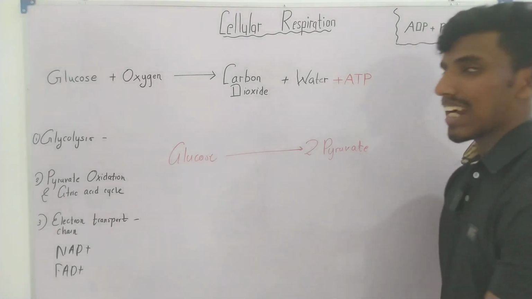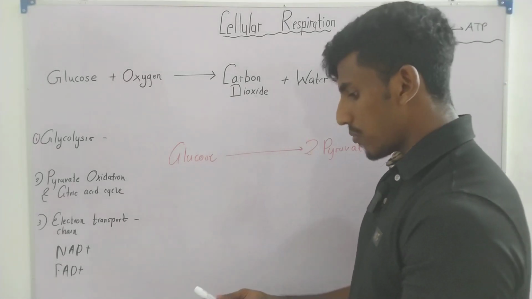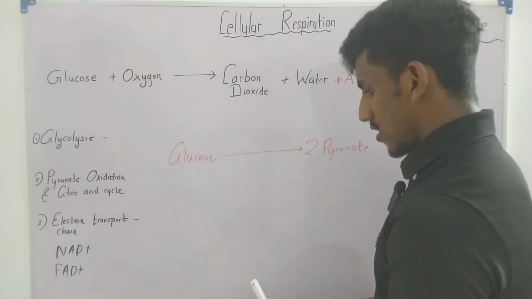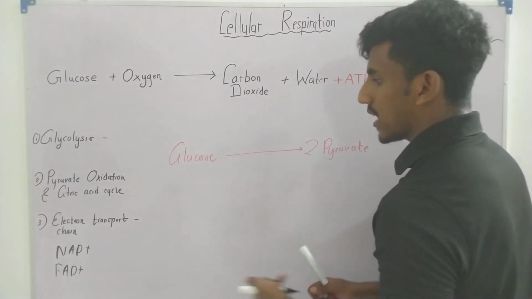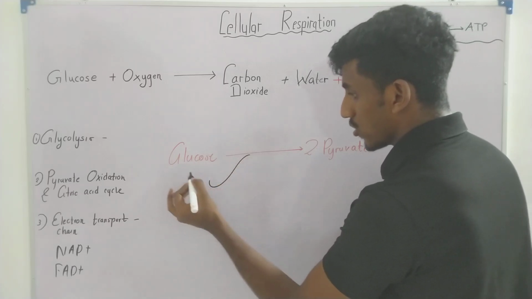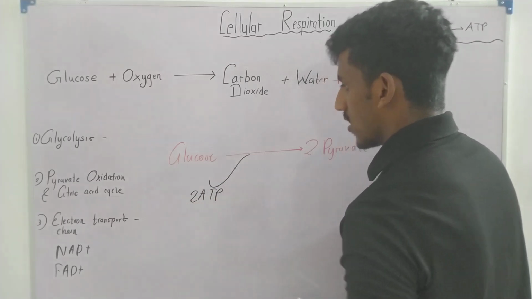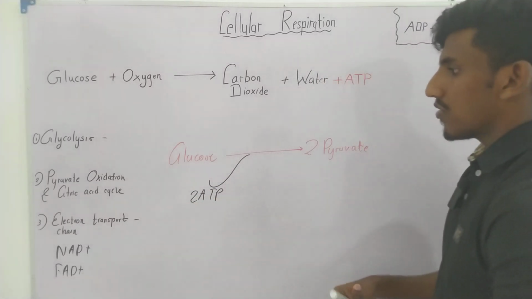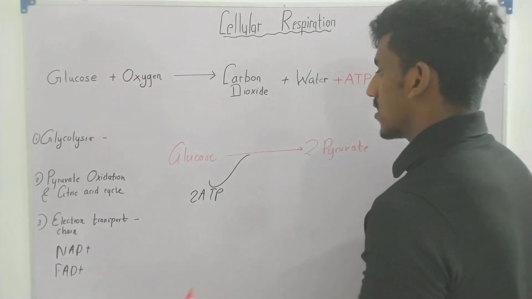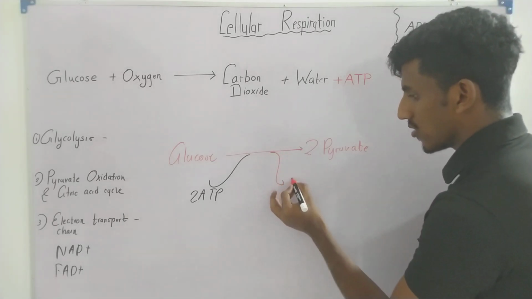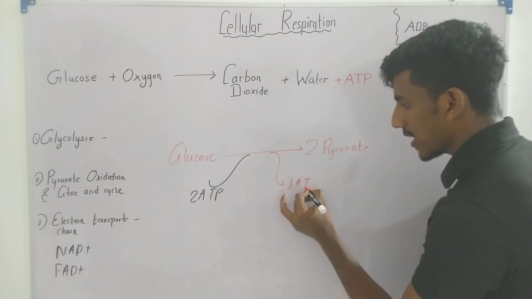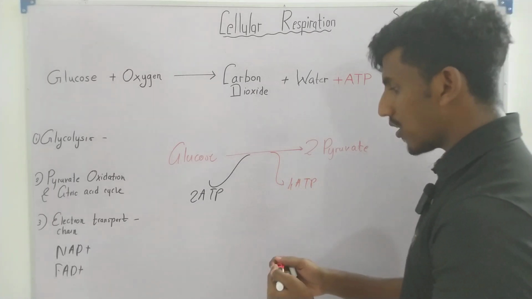So even for this reaction, we need 2 ATP molecules to start it. We use 2 ATP molecules here to start the reaction. And as the outcome of this reaction, we can produce 4 ATP molecules.